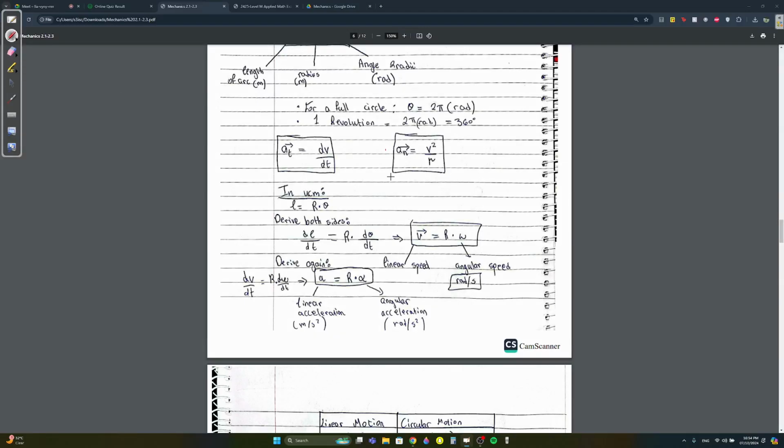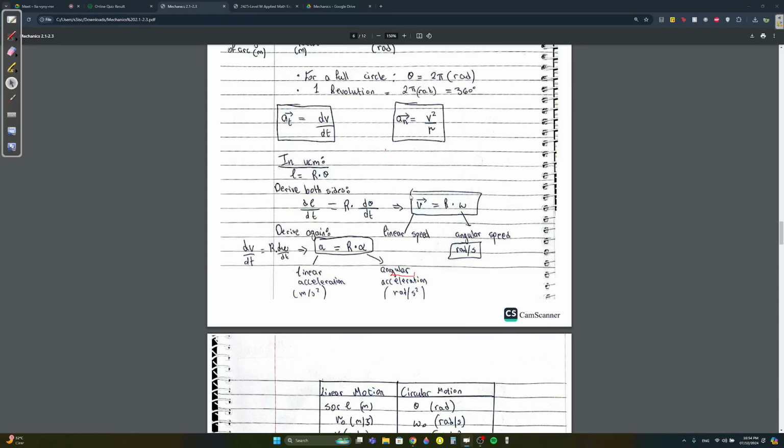Now the formulas. The first formula you have is velocity. The linear speed is equal to r, the radius, times w, the angular speed. Angular speed is usually given. These questions don't really come up, but you just have to know this. V equals rw. Then, if you differentiate both sides, you're going to get the acceleration, because the derivative of velocity is acceleration, right?